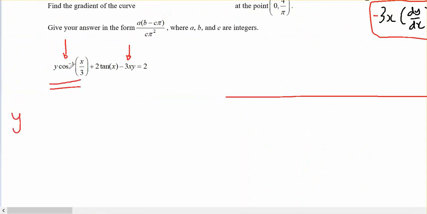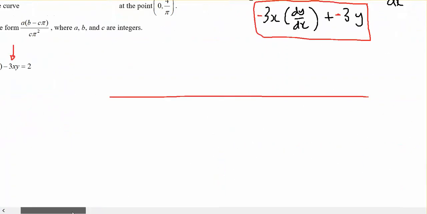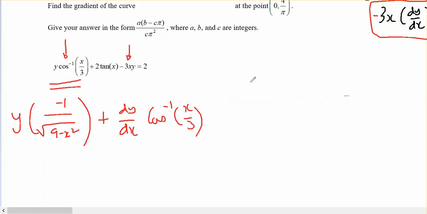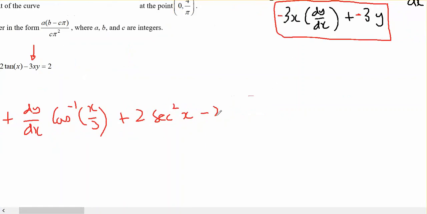I've got y times the derivative of this, which is negative 1 on the square root of 9 minus x squared, which came from this, plus dy/dx times the inverse cosine of x on 3, plus 2 times the derivative of tan x, which is sec squared of x, minus, and I will have 3x dy/dx minus 3y, equals the derivative of which is 0.